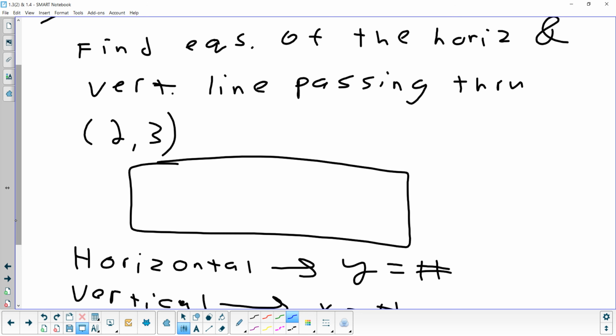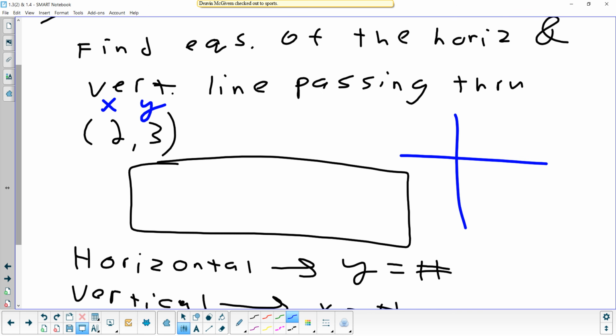So here's a coordinate. It's got an x and a y value. And if you want to visualize it, it's the point 2, 3. Right there. I want to know the equation of the, let's start with horizontal line. That's y equals.